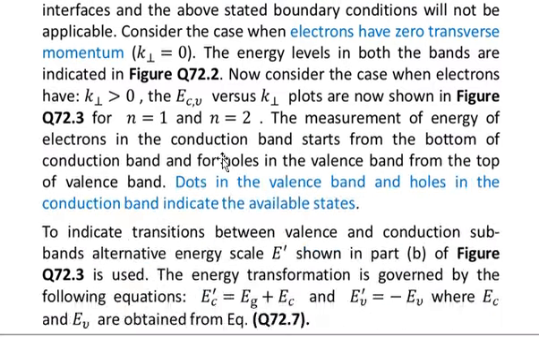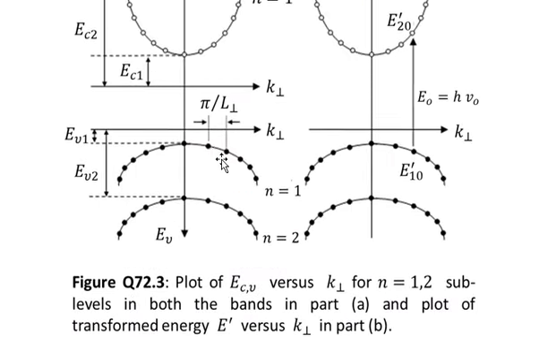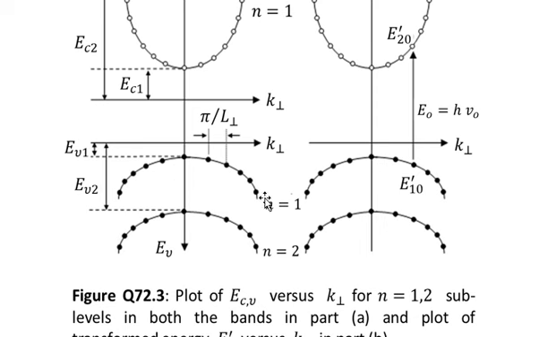So for n equal to 1 you have the parabola over here, and for n equal to 2 you have the second parabola further downward in the valence band. These parabolas exist at energies E_V1 and E_V2. That is, the vertices of these parabolas exist with respect to the k axis downward at energies E_V1 and E_V2.